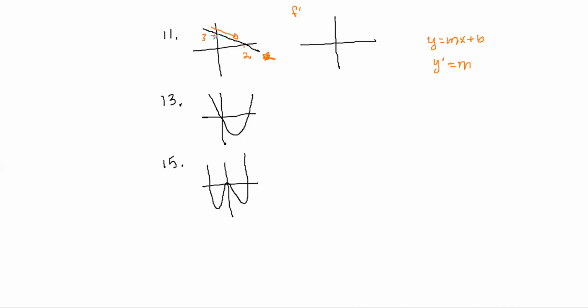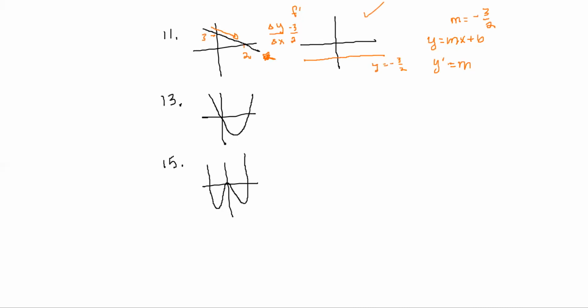So my delta y over delta x, delta y is going to be -3, delta x is going to be +2, so my slope is going to be -3 over 2. So I'm going to draw a line right here at y is equal to -3 over 2. And that's my derivative graph.